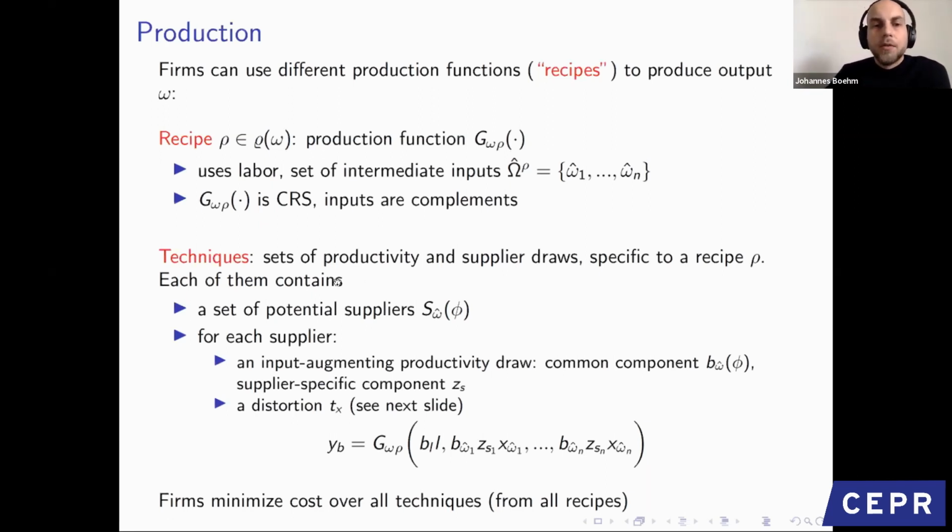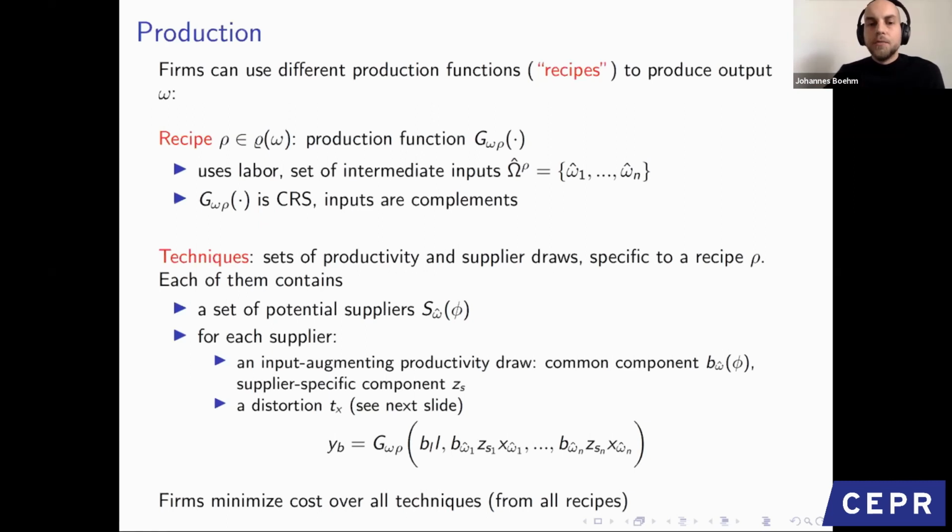So each technique consists of a set of potential suppliers, indexed by S, and for each supplier, an input-augmenting productivity draw, which has a common component and a supplier-specific component. Okay. Then there's also going to be a distortion associated with each of those suppliers. Again, for some suppliers, maybe you're a relative, you're not facing a distortion.